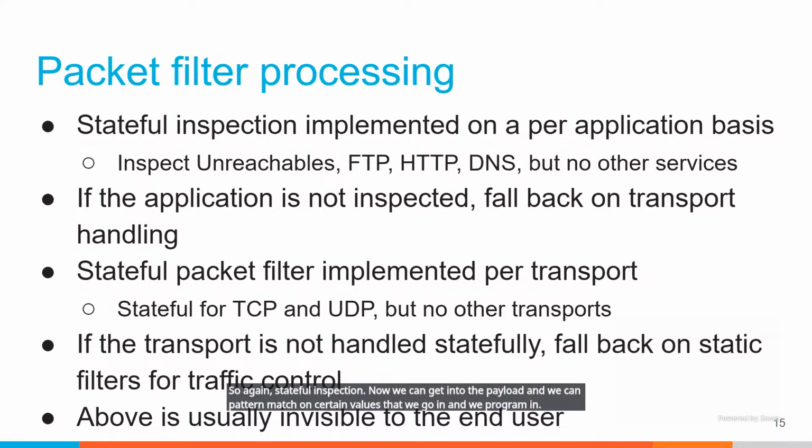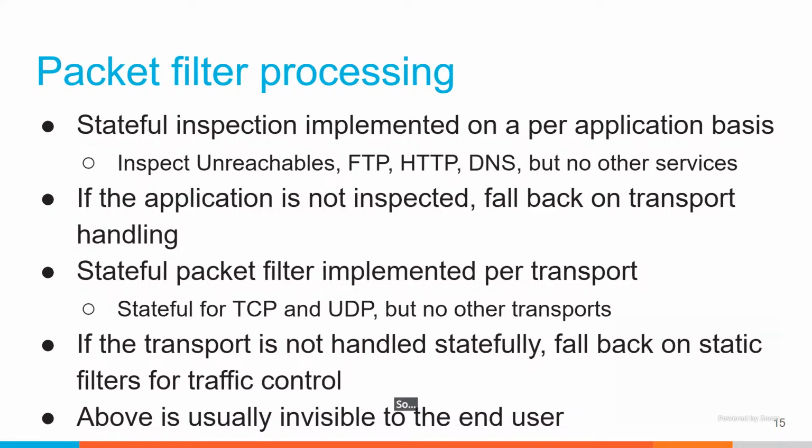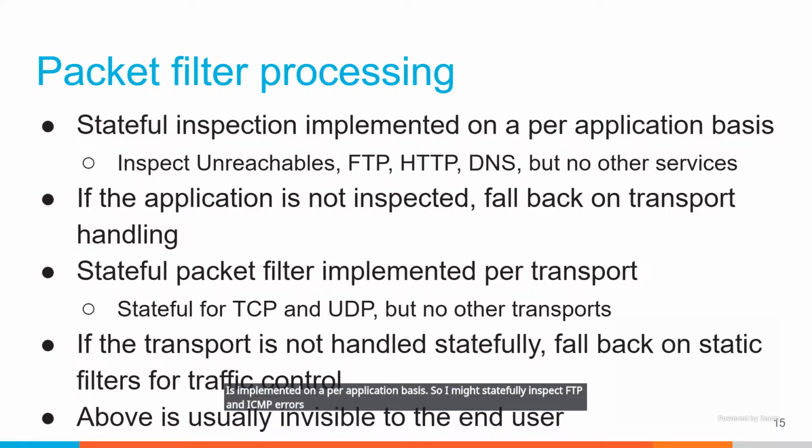So stateful inspection is implemented on a per application basis. So I might statefully inspect FTP and ICMP errors, but I may not statefully inspect HTTP or echo request, echo reply packets, or SMTP traffic, or DNS traffic, or whatever.